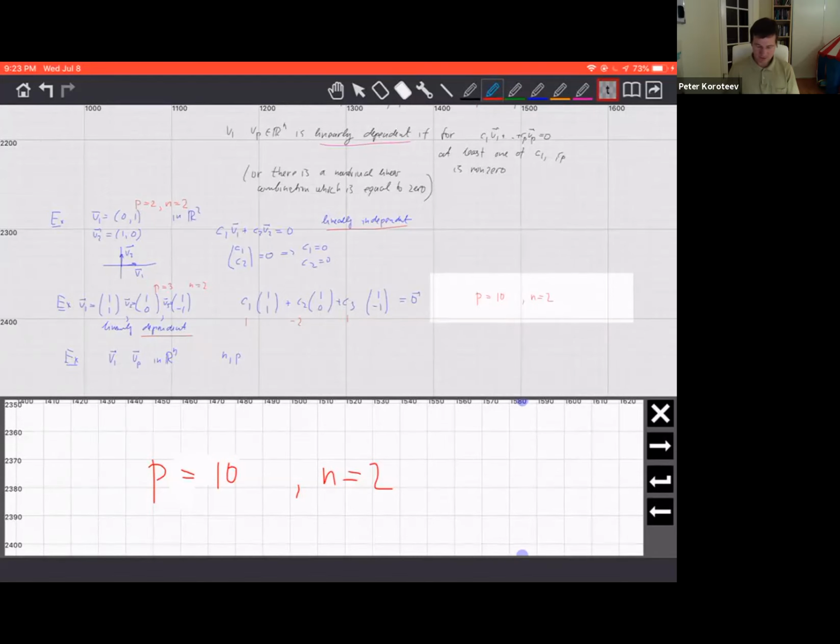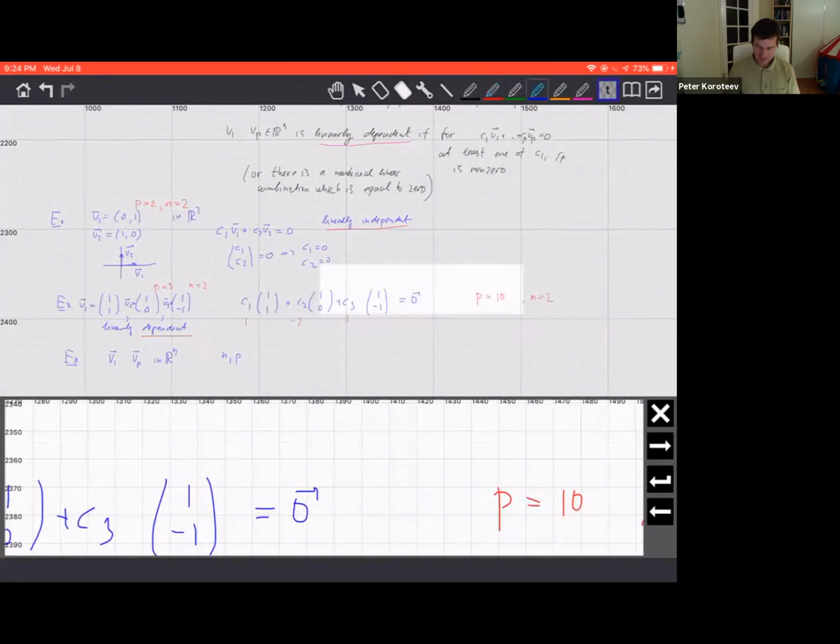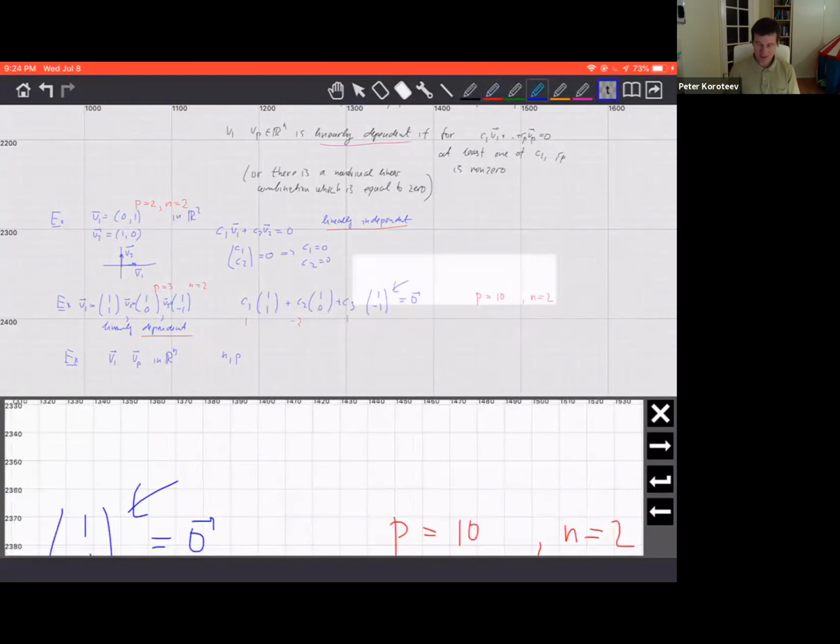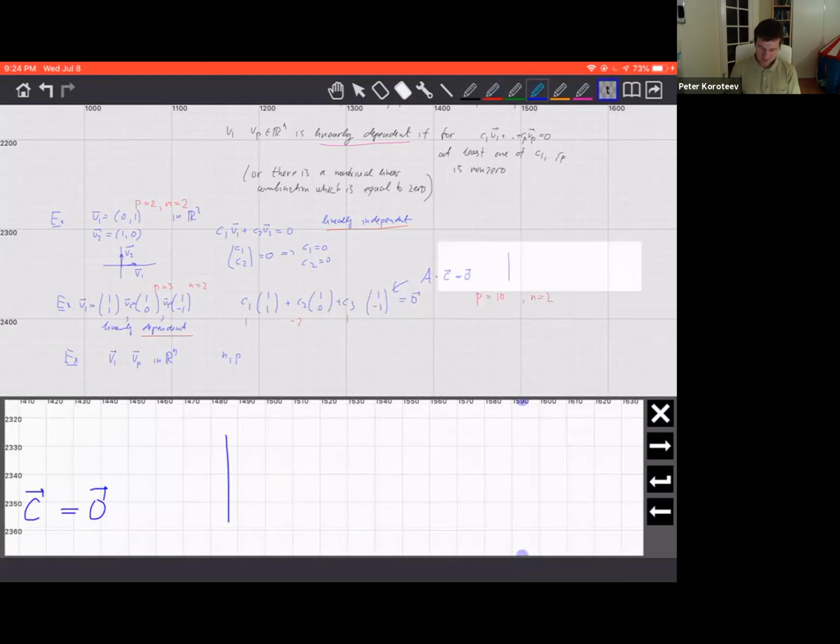The reason we can talk about this is that this condition can be viewed as a homogeneous system of equations. We can write it as matrix A multiplied by the vector of coefficients C equals 0. Simply, we can conclude by the size of the matrix. If the matrix has more columns than rows, then necessarily you will have free variables.